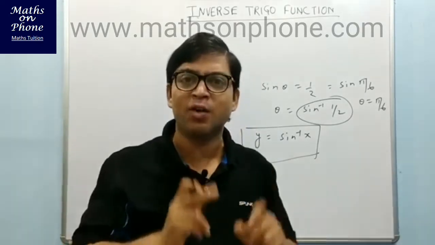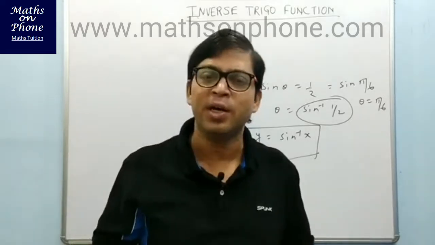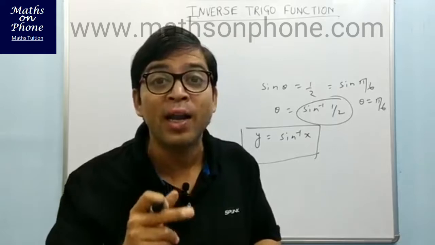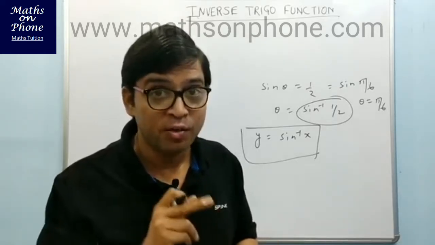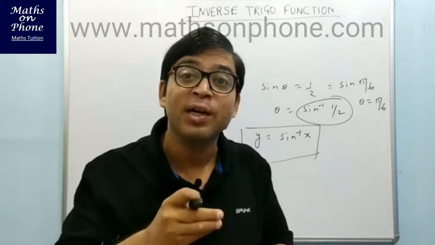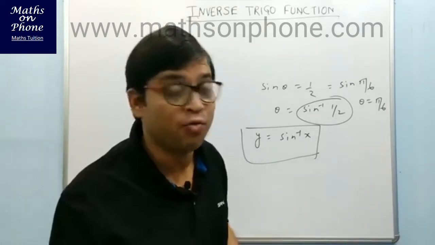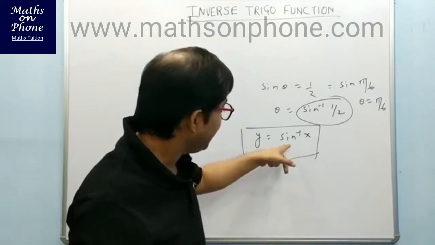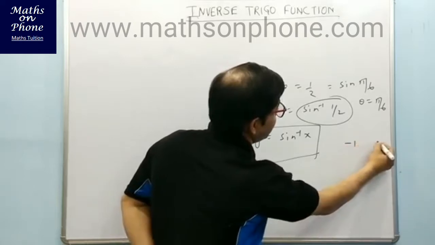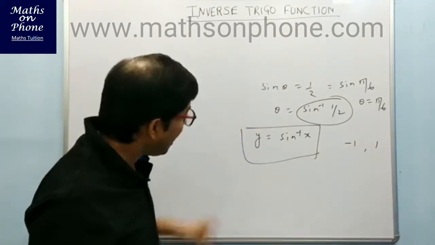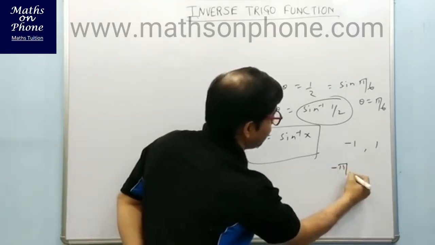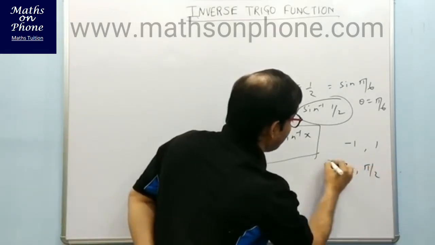For an inverse function, you must remember that the function should be 1-1 and onto. 1-1 function means for different values of x, different values of y come out. So see here, x can be between -1 to 1 and the corresponding angle can be minus pi by 2 to pi by 2.